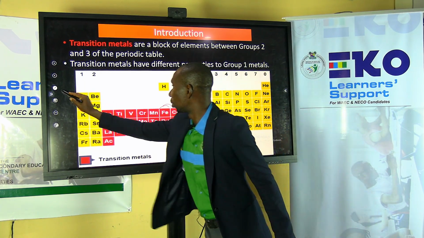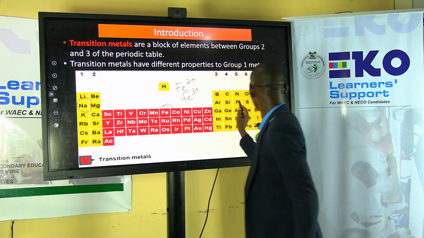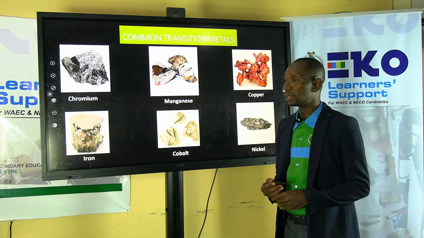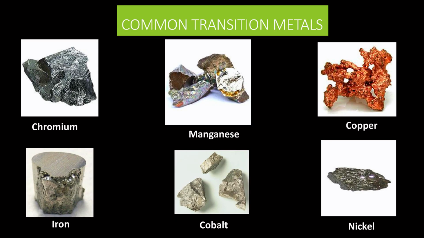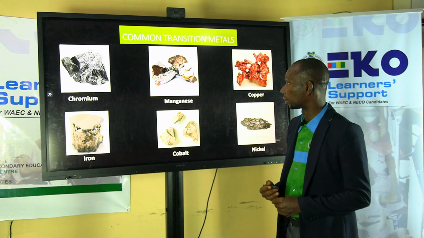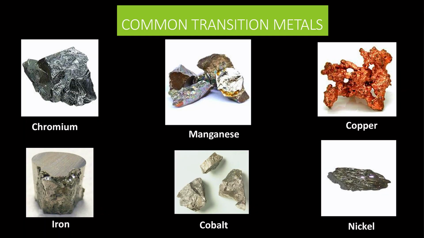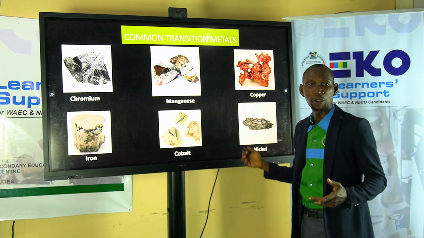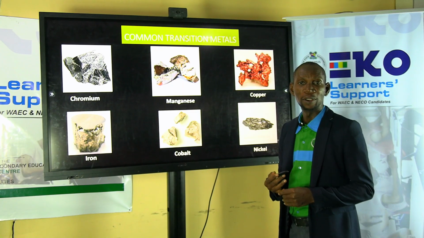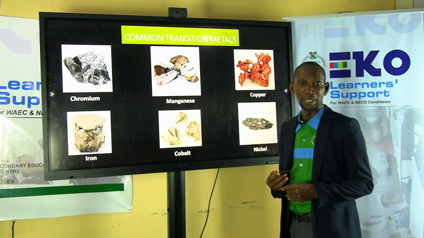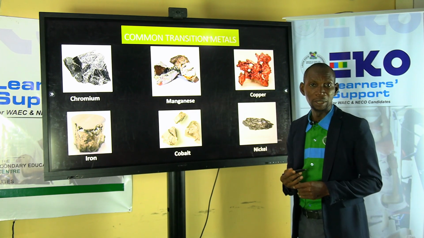So, let's go ahead. These are some images of transition metals that you can find around us. That is chromium. We have manganese. Here is copper. Yes, the same copper, which is a conductor of electricity. That's what the cables are made of.